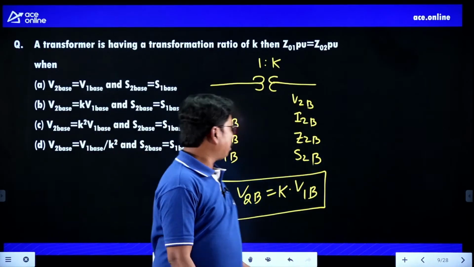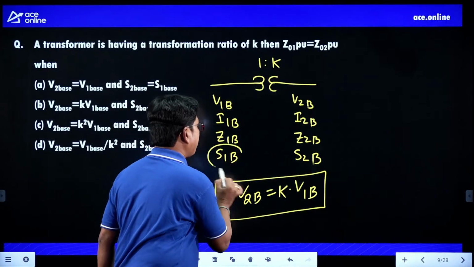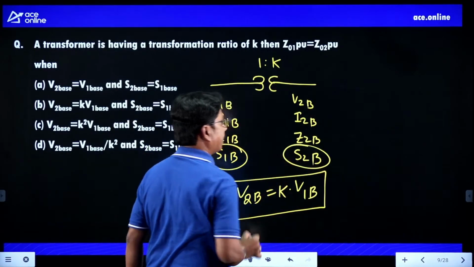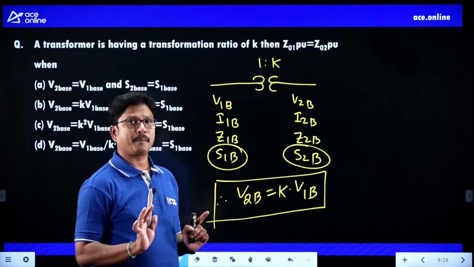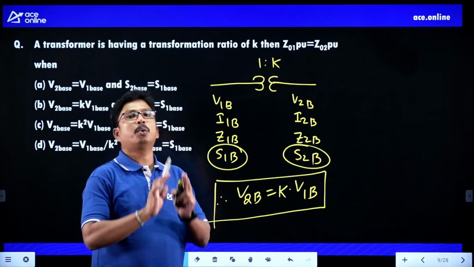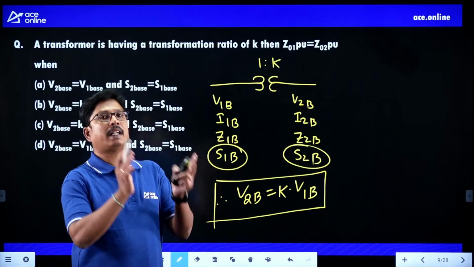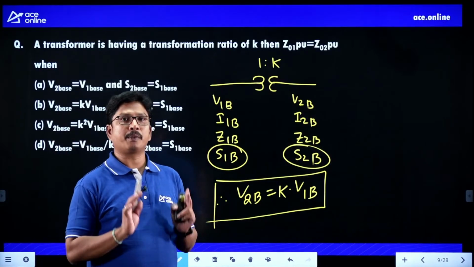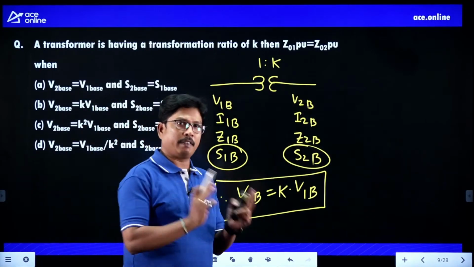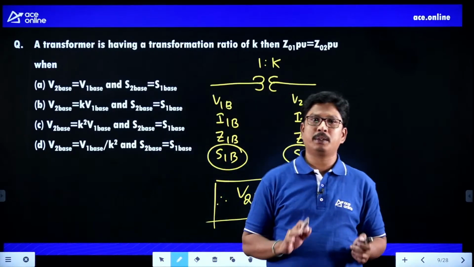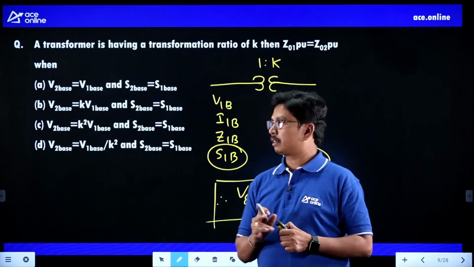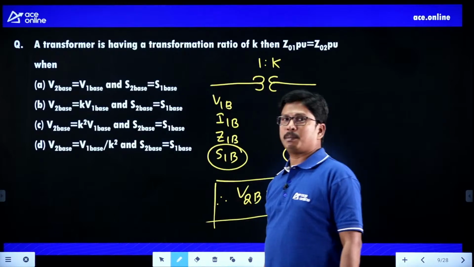And also the power base, S1 base on the primary side and S2 base on the secondary side, should be exactly equal. The transformer will not have two different power bases. So V1 base into I1 base must be equivalent to V2 base into I2 base. Therefore, S1 base must be equivalent to S2 base.